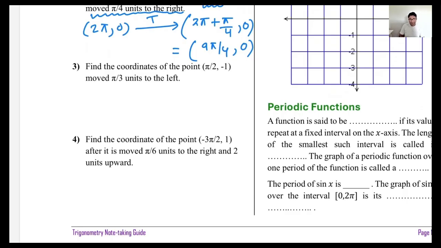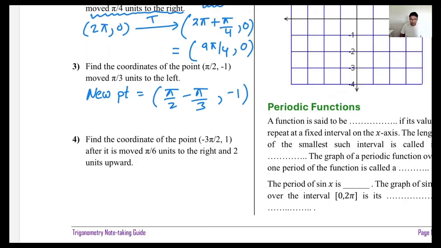Next, take the point pi over 2, minus 1, which is where? In the fourth quadrant, right? And you are moving it pi over 3 units to the left. So if you move a point to the left, your new point is going to be pi over 2 minus pi over 3, because you are moving it to the left, right?